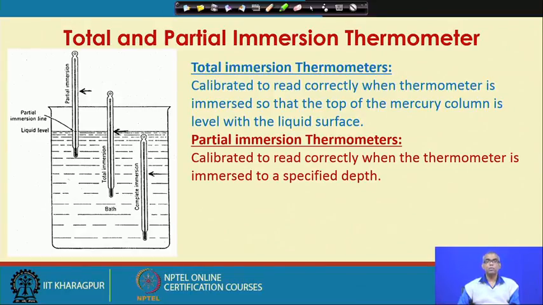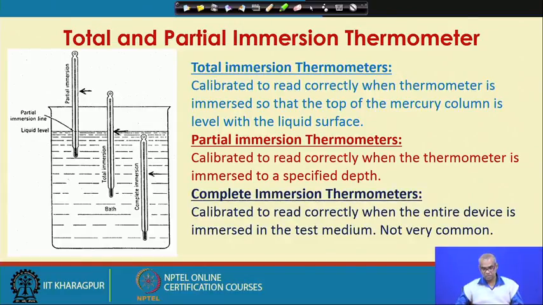Otherwise, there will be immersion error. Complete immersion thermometers are calibrated to read correctly when the entire device is immersed in the test medium. Total immersion thermometers and partial immersion thermometers are more common compared to complete immersion thermometers.